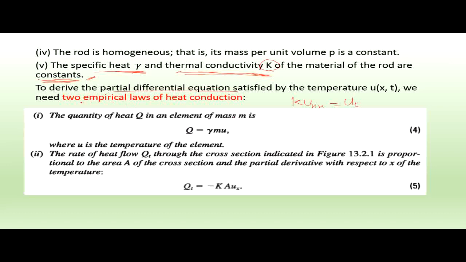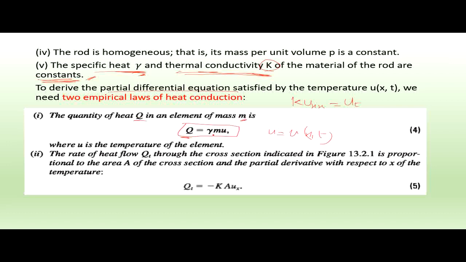We need two laws of heat conduction. First one is the quantity of heat, we call it Q, in an element of the mass, given like this. Mass, gamma, specific heat, and U, temperature, where U is a function of x comma t, isn't it?